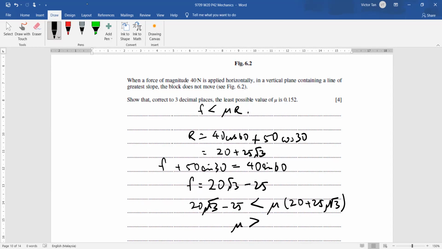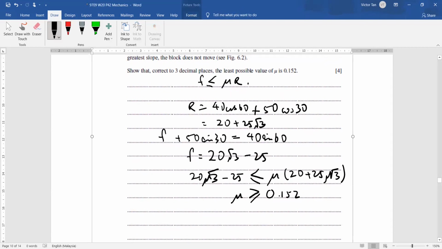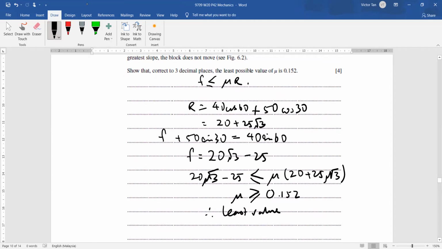Okay, 0.152, or least value is 0.152. This question is a bit difficult.